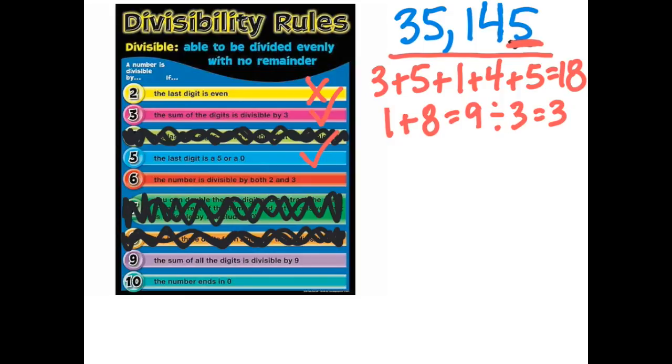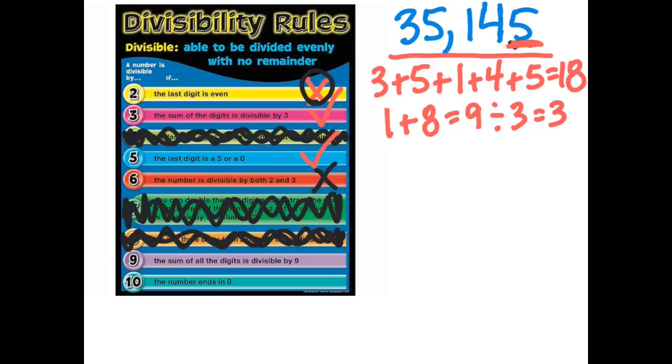How about 6? A number is divisible by 6 if the number is divisible by both 2 and 3. And in this case, our number was not divisible by 2 because it's an odd number, so that automatically eliminates 6. 6 is not a factor of 35,145 where it comes out evenly.